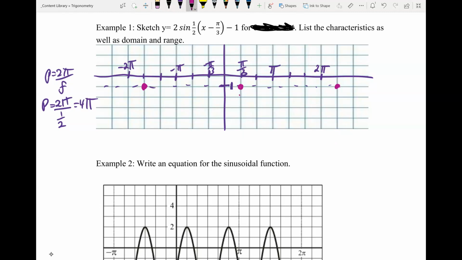Now, my starting point was this one. Then that means I had to go up and then meet at my end point there. When I'm going up, my amplitude is 2, so I make sure that I go up and reach 1. When I go down, I'm going to reach -3.